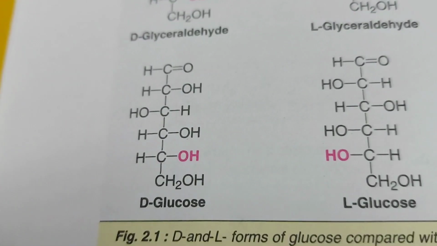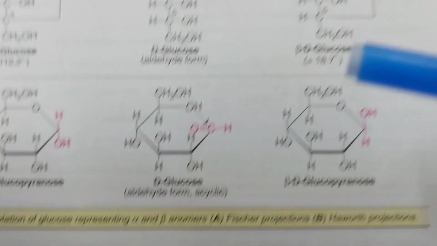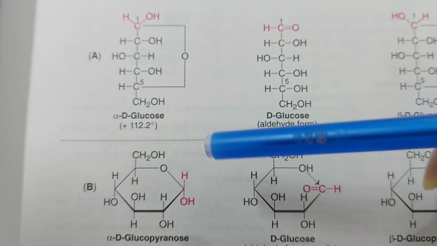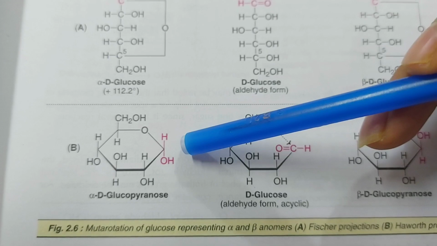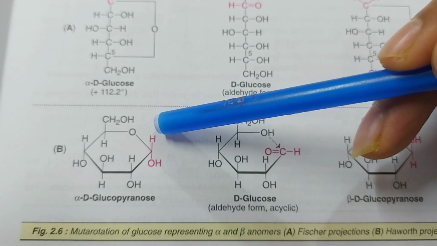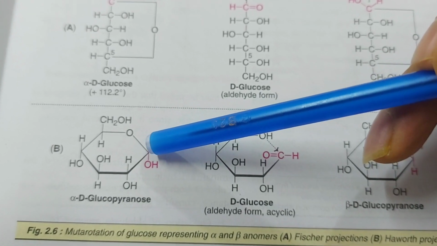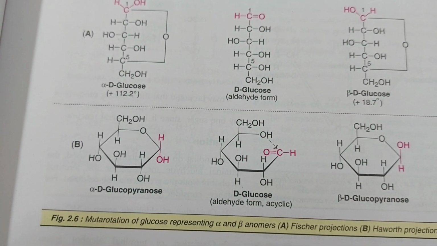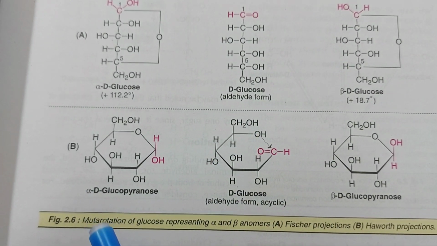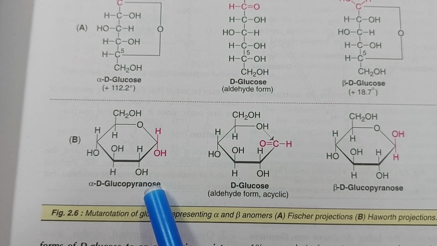Glucose has different structures, and sometimes glucose forms a structure like this. Here is a cyclic structure of D-glucose. In nature there is D-glucose, and we are discussing D-glucose in different forms. Here is D-glucose in the pyranose ring.